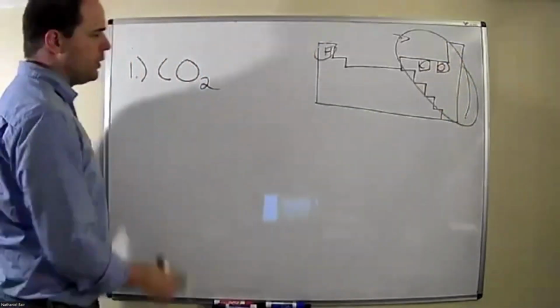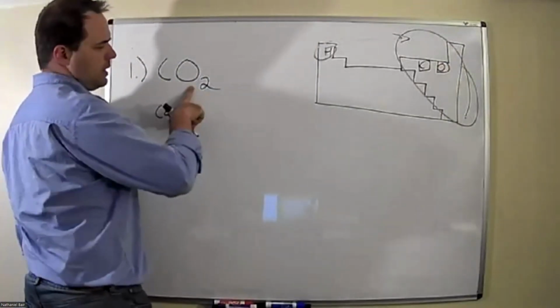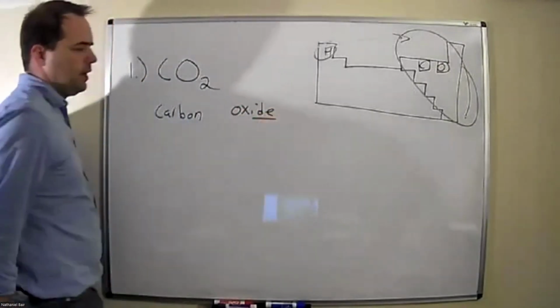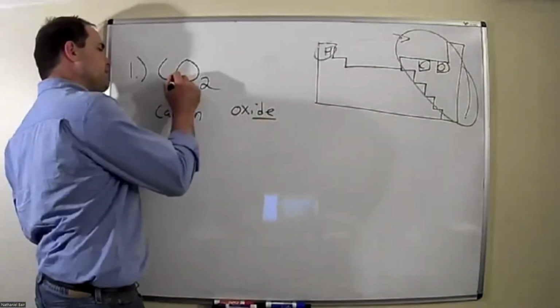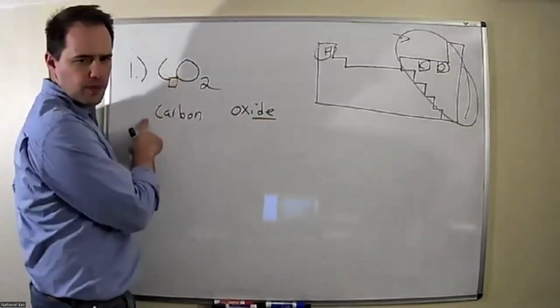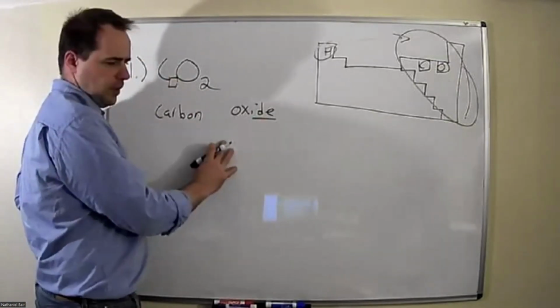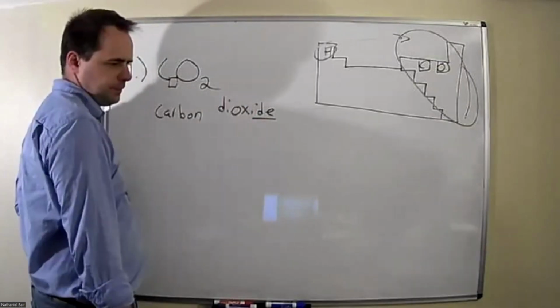We name the first element, carbon. We change the ending of the second element to "ide," oxide. Now we put prefixes on, except if there's only one of the first element, we don't use the prefix mono, we just drop it. So we don't say monocarbon, we just say carbon. Prefix for two is di, dioxide.